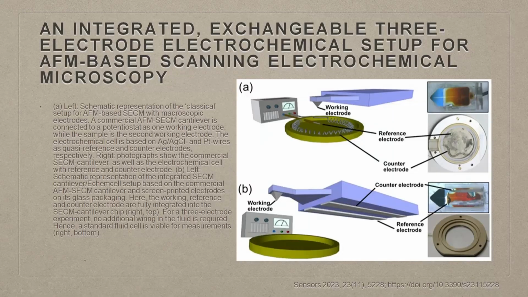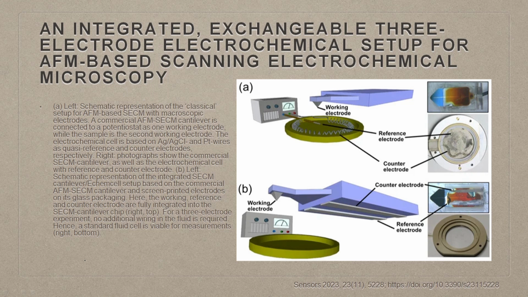We haven't talked about electron transfer, right? Now we will be talking about electron transfer. That brings us to the most advanced models, an integrated exchangeable 3-electrode electrochemical setup for AFM based scanning electrochemical microscopy.